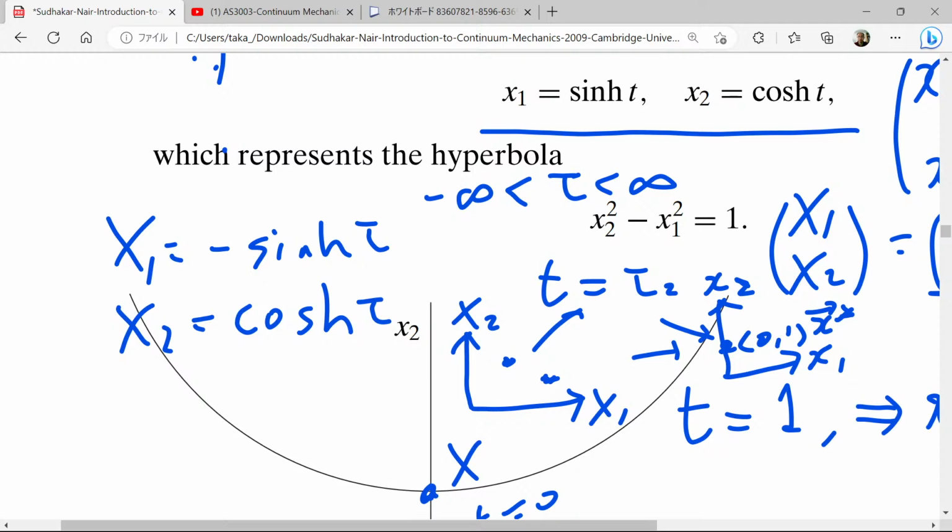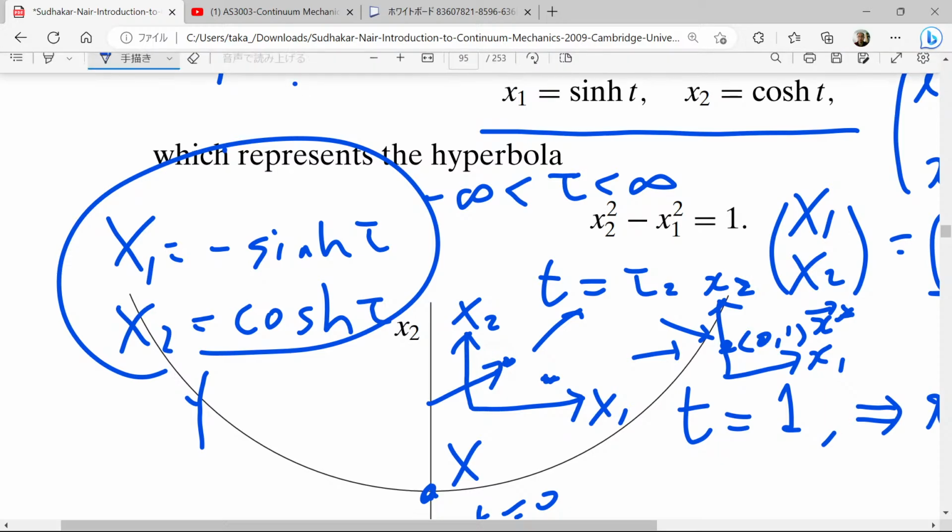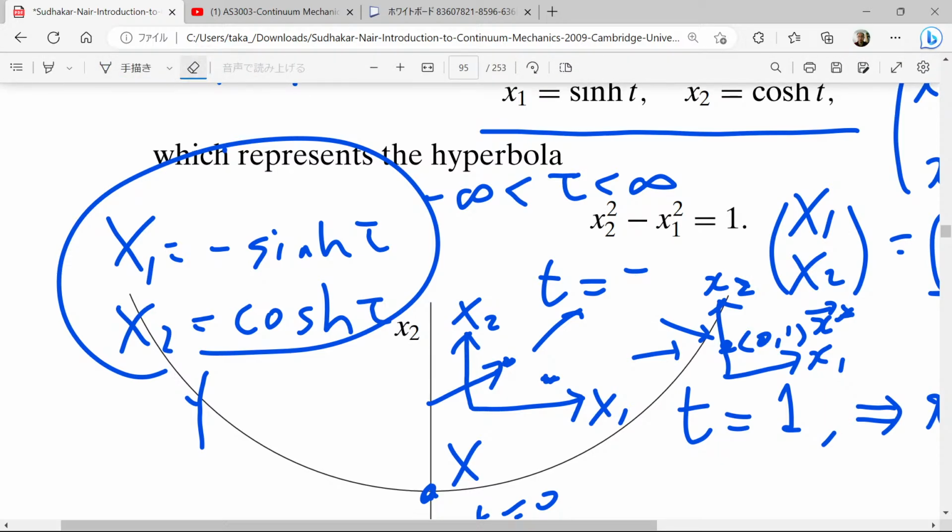Okay, so in other words, this is the position. We have these two. This is the point, this point, right? Then after tau, this goes to 0.